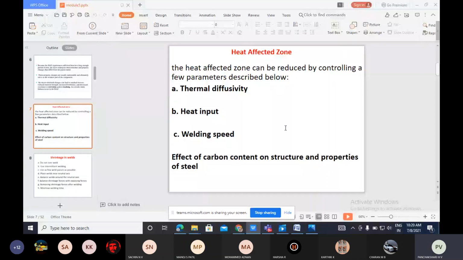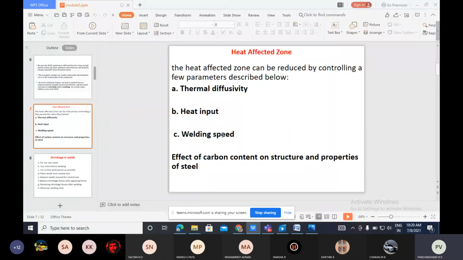It should spread only to the required part of the welding or metal structure. It should not spread over more area. If more area is spread, then all that area is going to be affected. Therefore, where the welding is to be done, only that part should become heated. Surrounding areas should not be exposed to welding action or the flaming action. So that is the thermal diffusivity control.